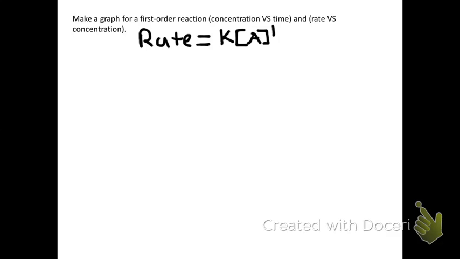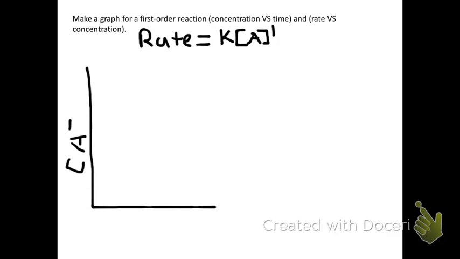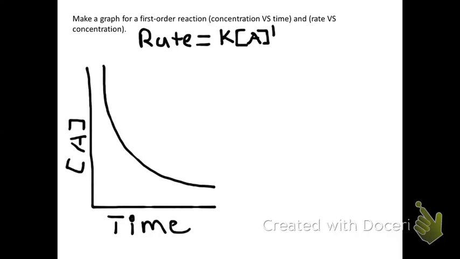Alright, so if I was to have concentration of A and time, if I was to make a graph of this rate law equation, it would look something like this, an exponential, like that. And that would be for first order, concentration of A versus time for first order.